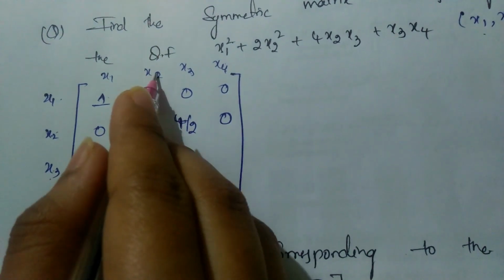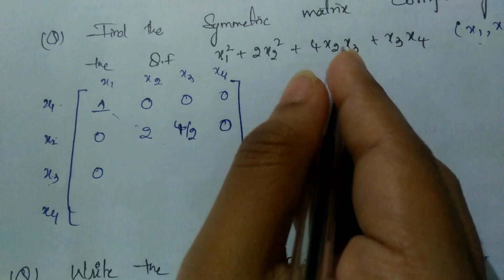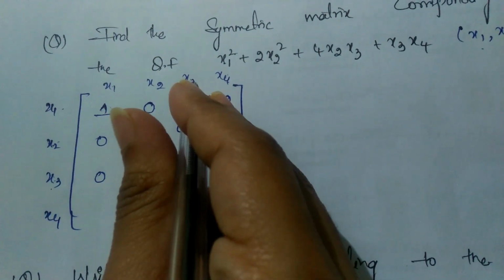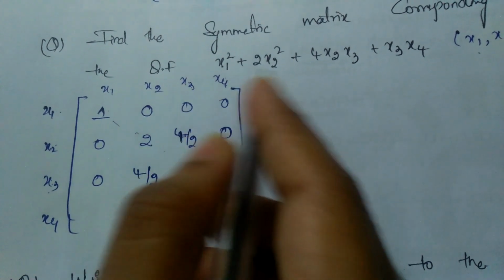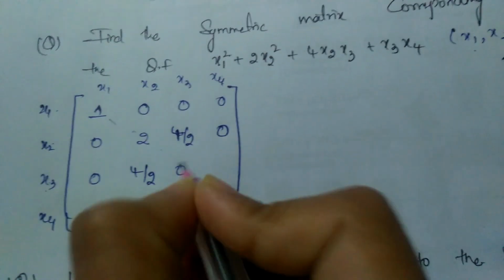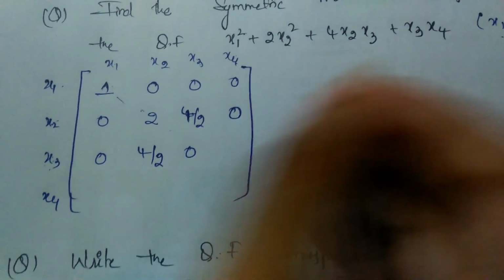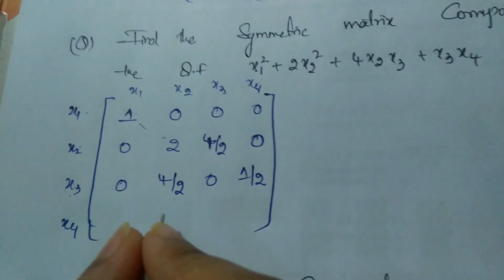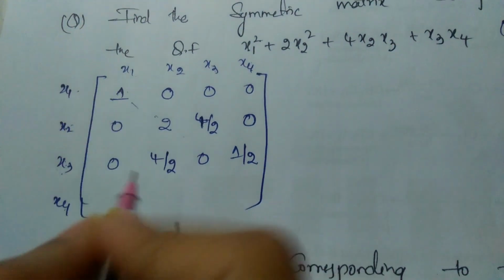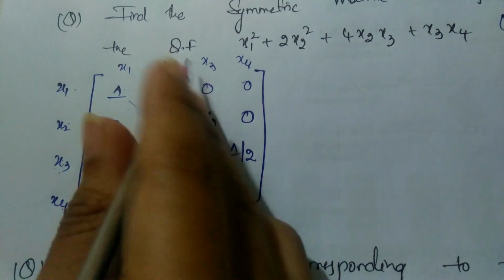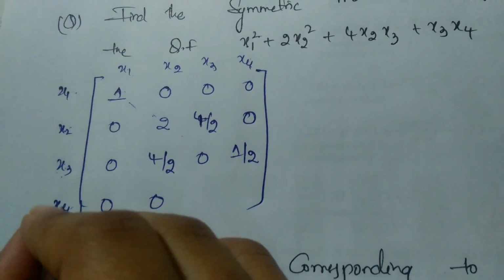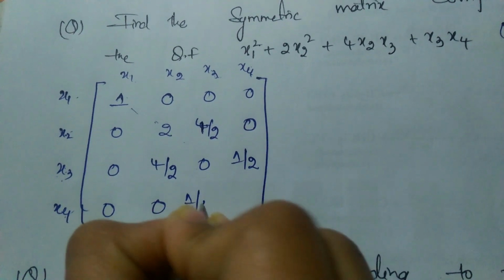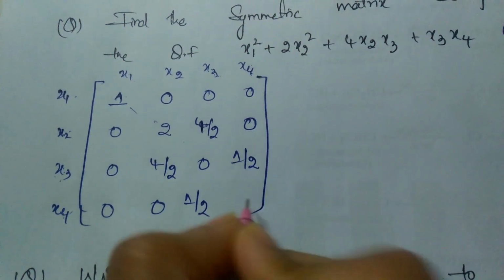And x3 into x2, that is 4 x2 x3, so 4 divided by 2. x3 into x3 is x3 square, whose coefficient is not there, so take it as 0. And x3 into x4, the coefficient is 1, so 1 divided by 2. Here x4 into x1 is 0, x4 into x2 is also 0, and x4 into x3 is 1 divided by 2, and x4 into x4 is also 0.